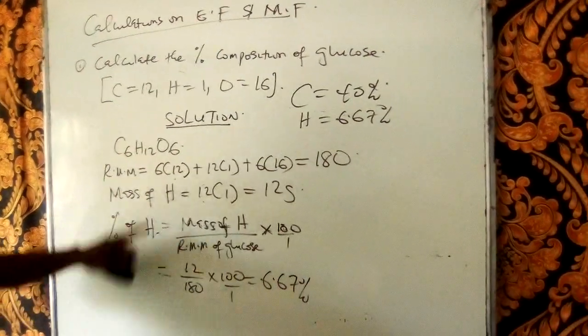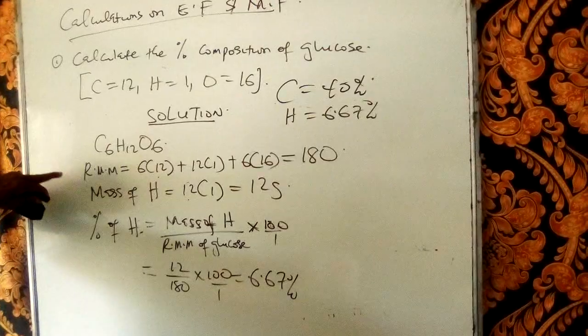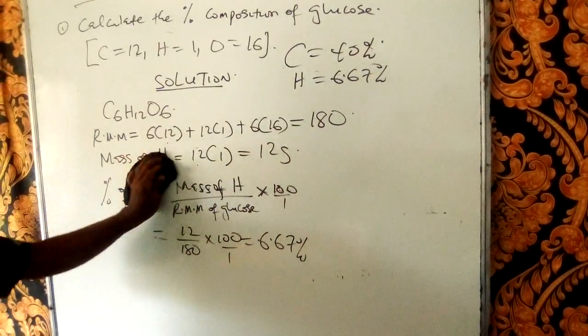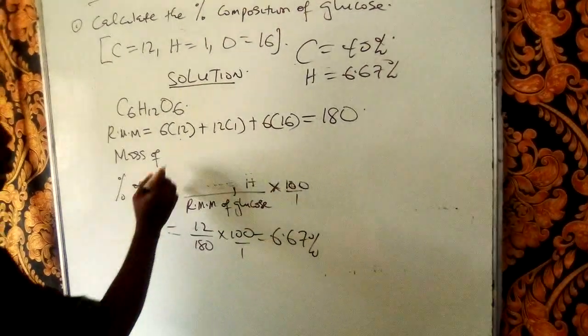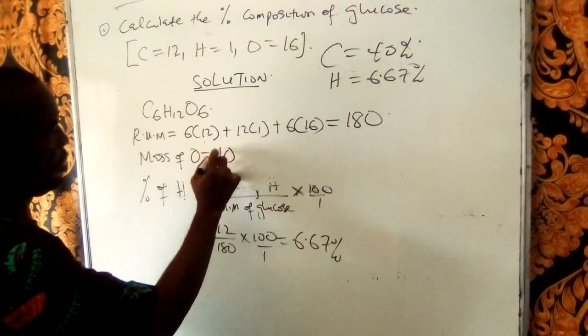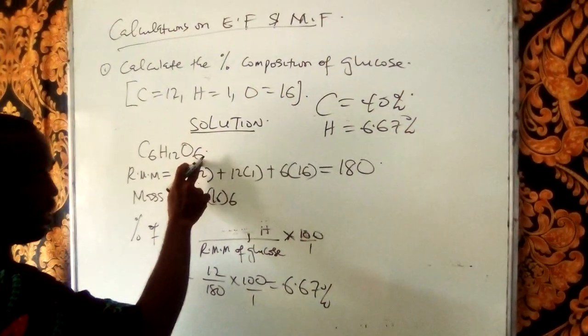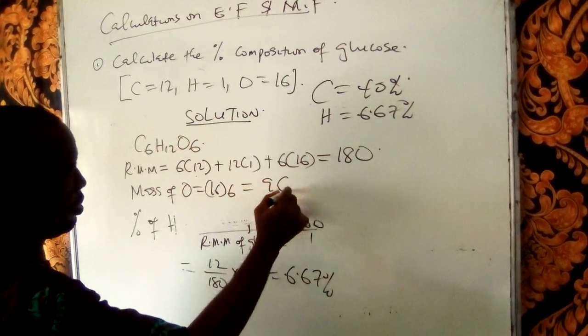The next element there is oxygen. We still have the molecular mass of glucose on the board as 180. We now find the mass of oxygen in the compound. All that becomes 16 times 6. 16 is the atomic mass of oxygen, and there are 6 atoms. That gives us 96.